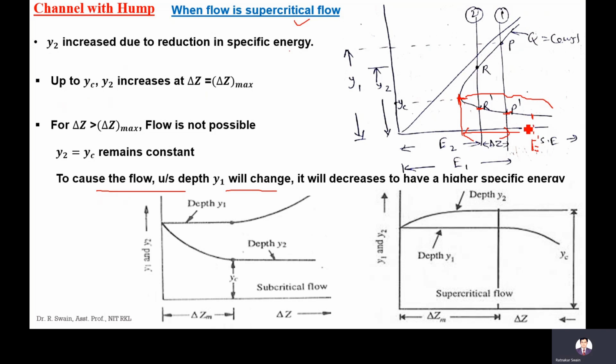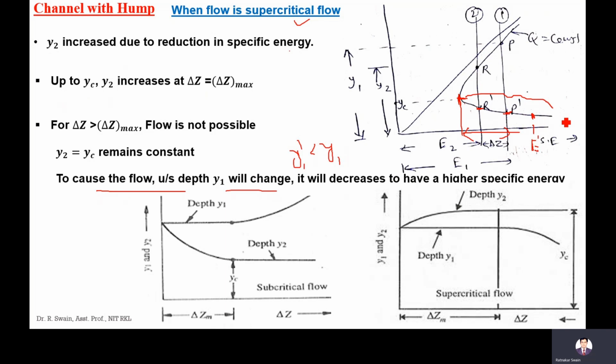The specific energy at section 1 will change and the depth will change. This will be a new depth that will be less than this Y1. So Y1 will decrease to have a higher specific energy. Y1 dash will be less than this Y1.